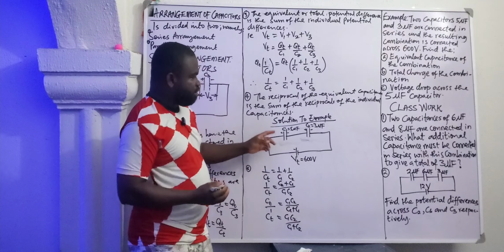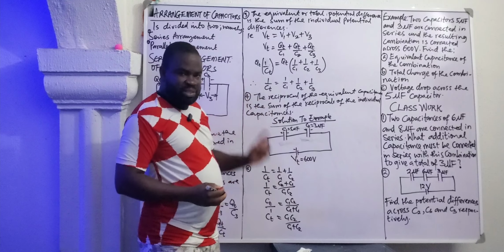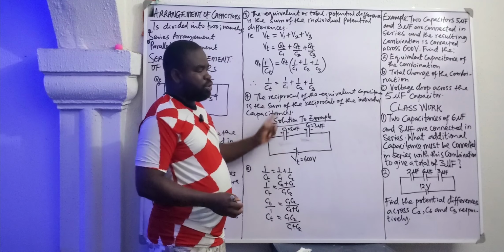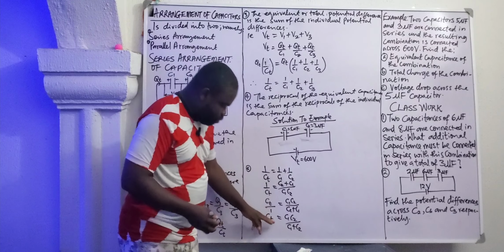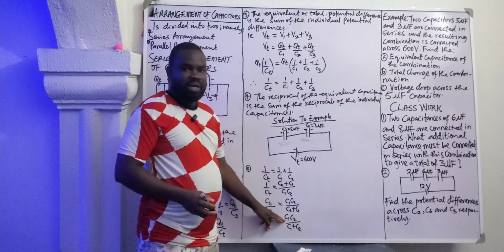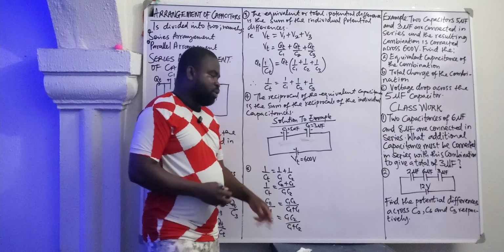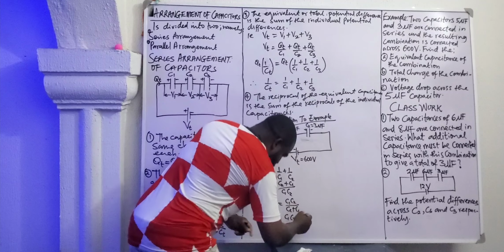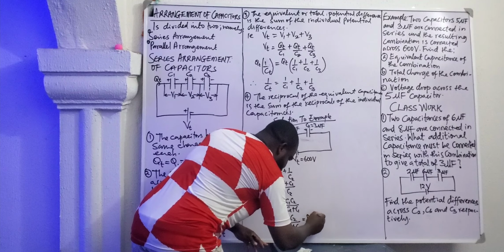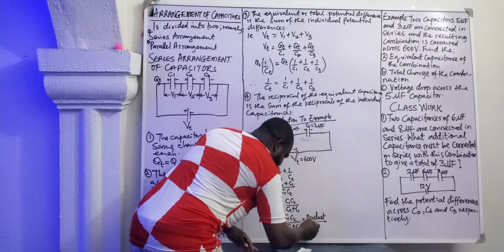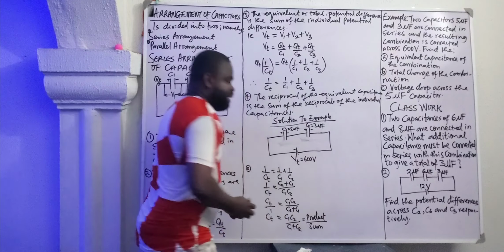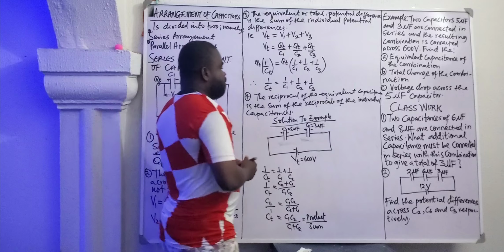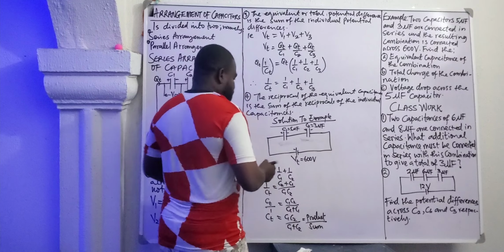It means if I have two capacitors in series only, that's the condition, it must be 2 and they must be in series, then I can use the product of the capacitances over the sum of the capacitances. We used to call it product over sum. Like I said, it is used for two capacitances only connected in series.